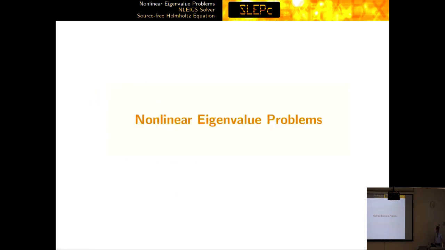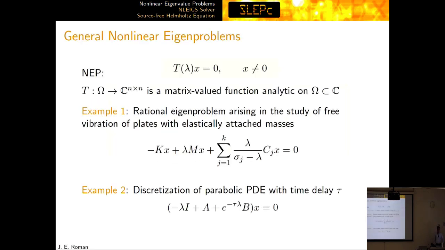For the nonlinear eigenvalue problem, T of lambda is a matrix-valued function that depends on the parameter lambda. Lambda is the eigenvalue, so T of lambda x equals 0 is the eigenvalue problem. Here you can see a couple of examples.